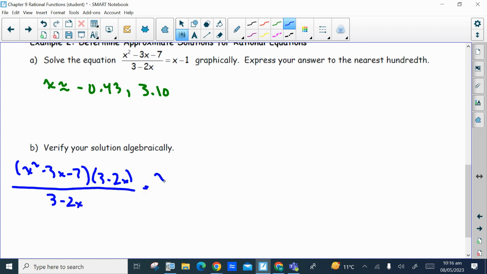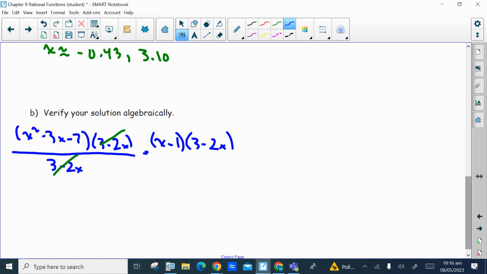So again, this step shows multiplying both sides by the common denominator. And the whole point of doing that is so that the 3 minus 2x's cancel on the left side. So we've gotten rid of our denominator.